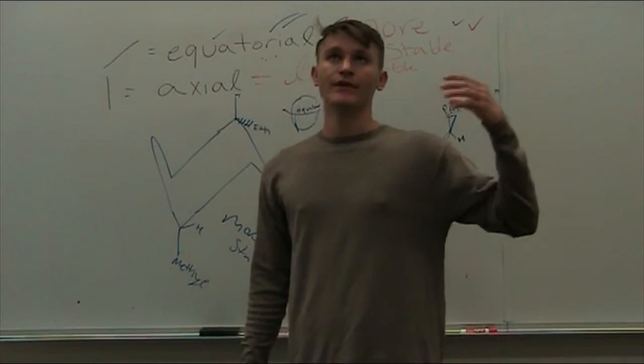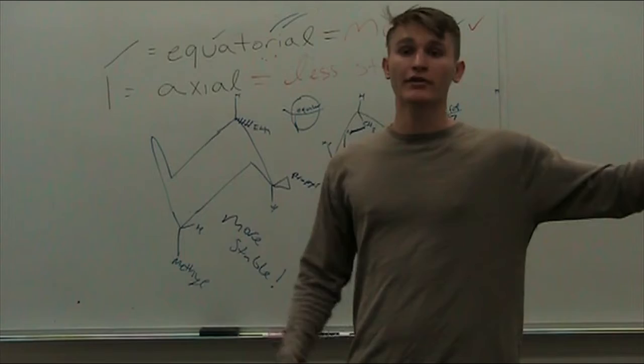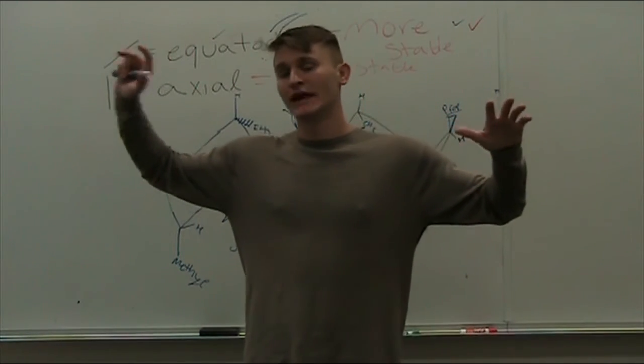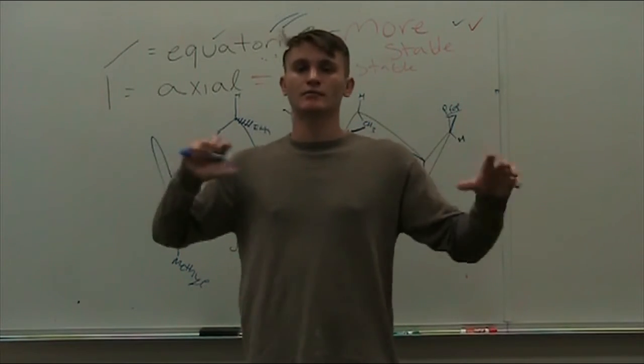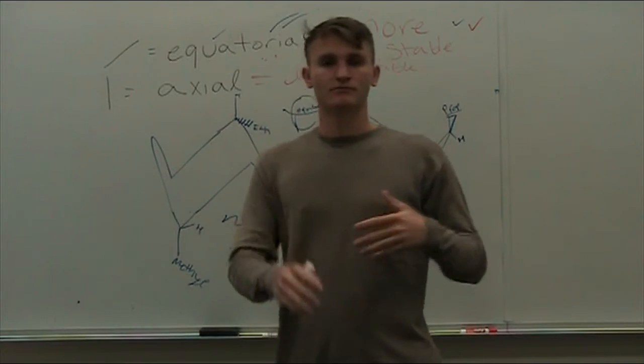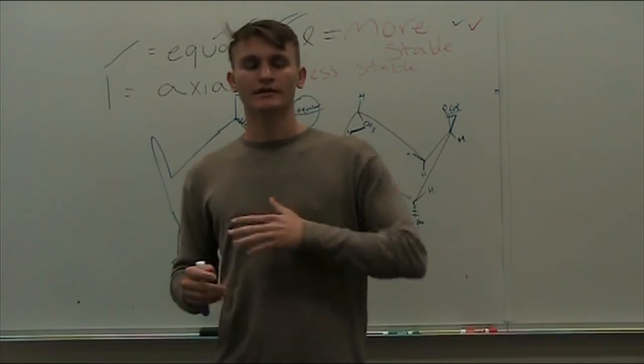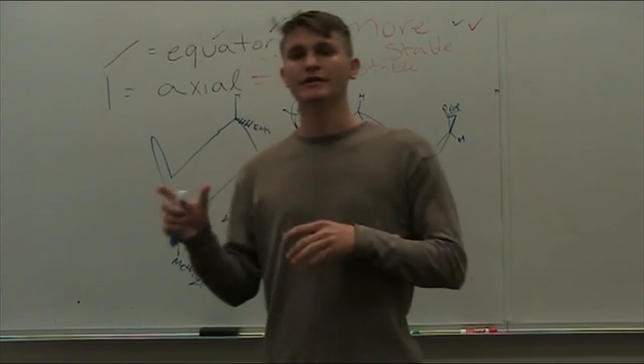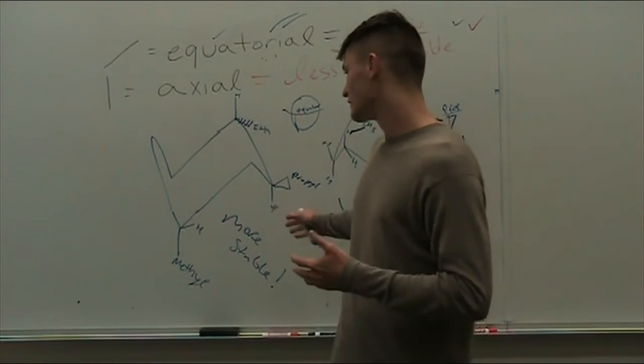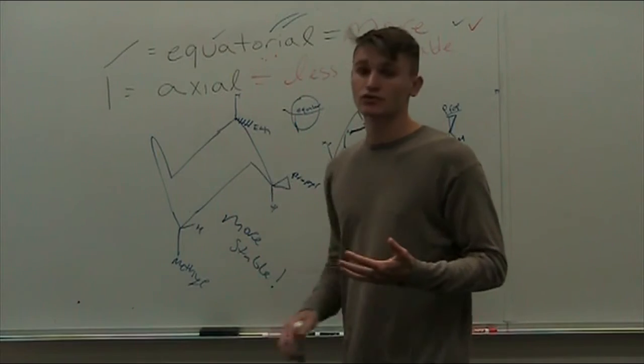So if there is a time where there's just a methyl group and a ethyl group, you're gonna have to pick them, and if they're on the 1-2 and you have to pick which one will be on the equatorial. You want the bigger substituent to be on the equatorial position.